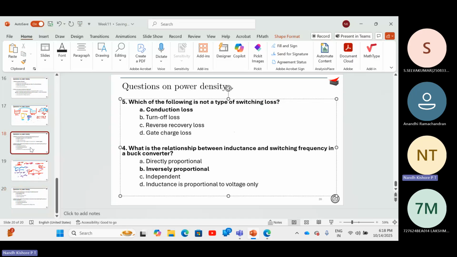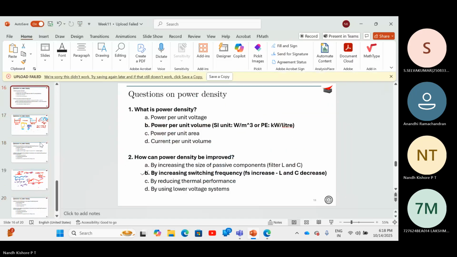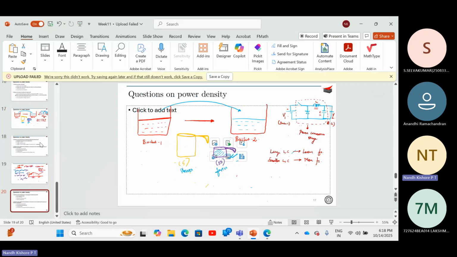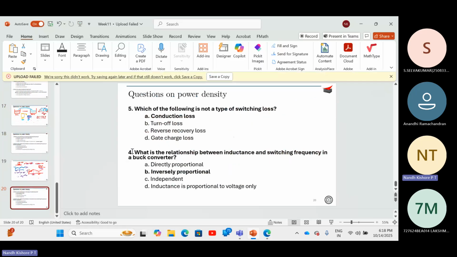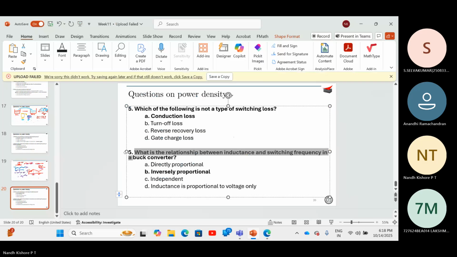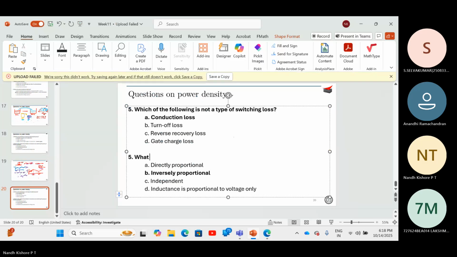Okay, fine. The next question would be: what is a major challenge in increasing switching frequency?